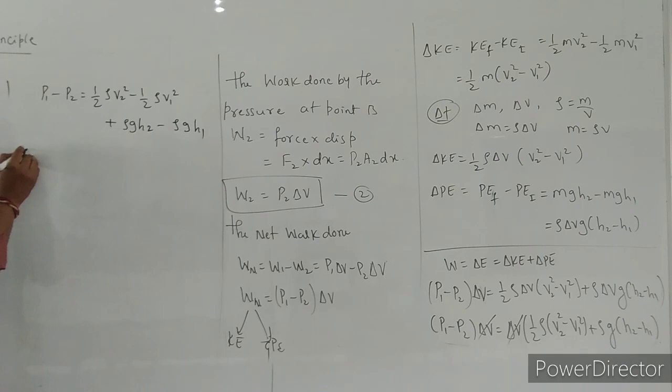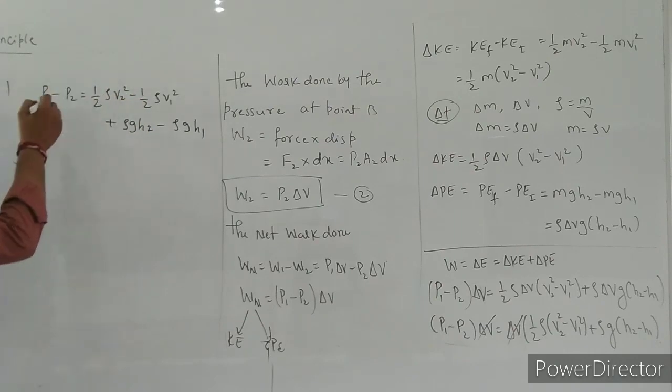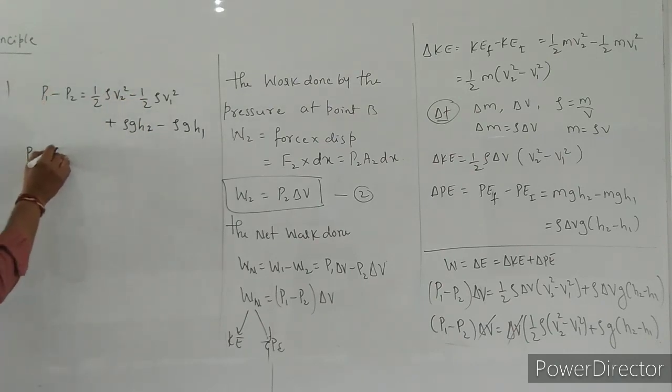So then the equation becomes P1, take this term to this side, this negative sign becomes positive, P1 plus 1 by 2 rho v1 square, right?